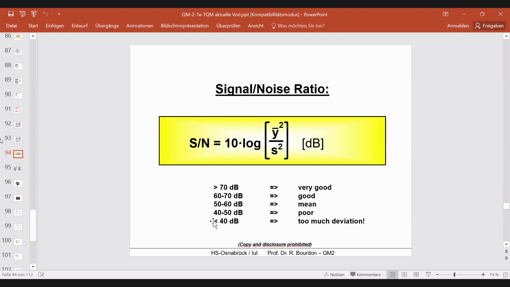And if the signal to noise ratio is smaller than 40 dB, this would mean that the deviations, the variations are much too high. So with the signal to noise ratio, you have a tool to analyze and to optimize the robustness of a process.